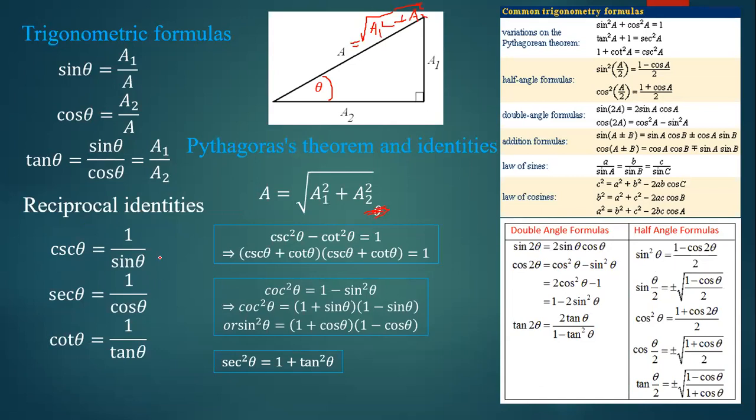So some trigonometric reciprocal identities are there. These are an important part of trigonometry. So variations on the Pythagoras theorem: sine square A plus cos square A is equal to 1, tan square A plus 1 equals sec square A, 1 plus cot square A equals cosec square A. Half angle formulas are also here.